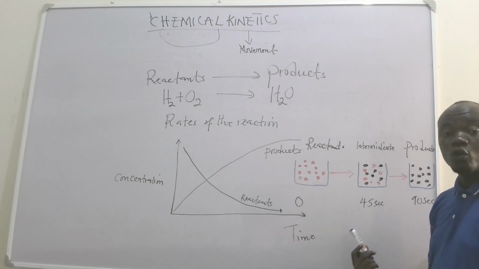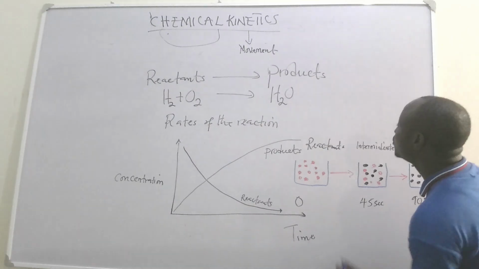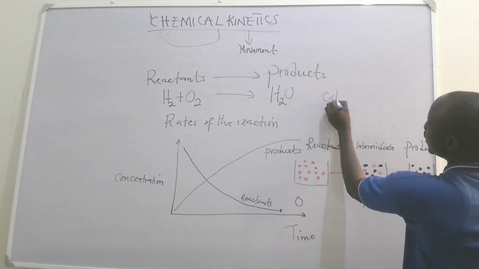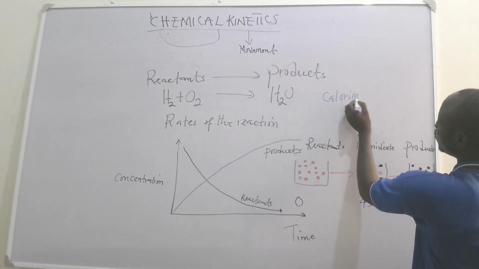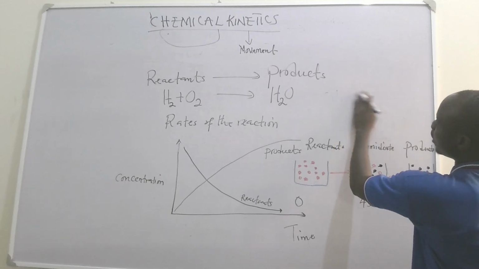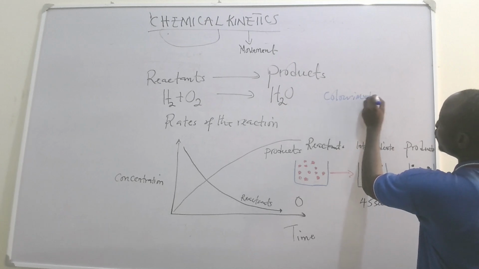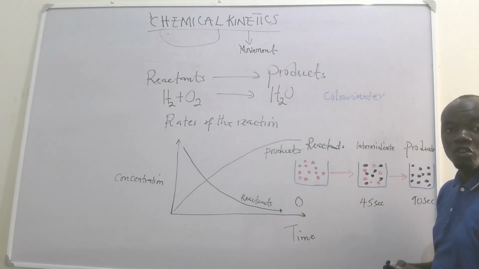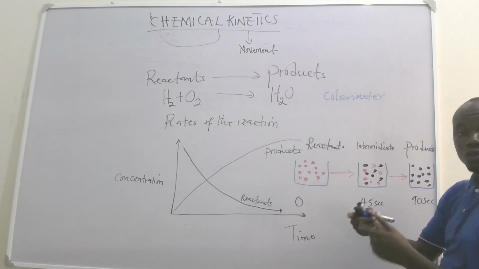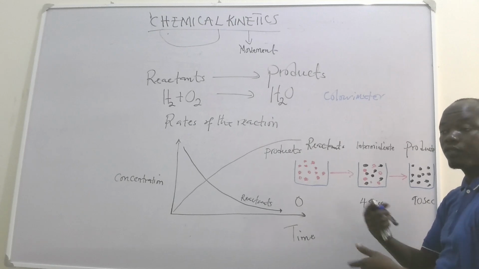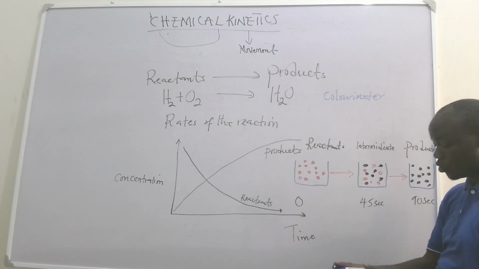Maybe in the case of color formation or decolorization, we can use, for example, a colorimeter. A colorimeter is an instrument in chemistry that we use to measure the color of a particular molecule.